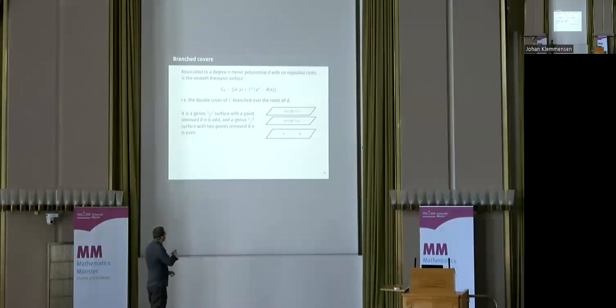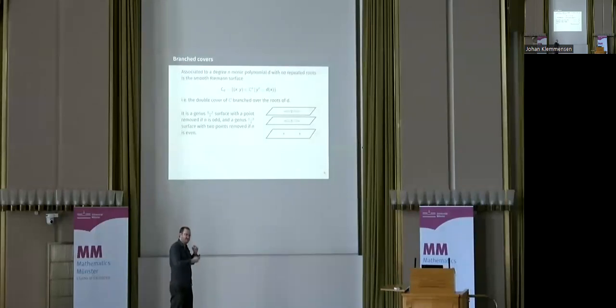If I take, this is just a picture, it's very difficult to draw branch covers, or at least I found it very difficult. If I take the branch cover of the plane branched at 2 points, you can think about it as taking two planes, cutting the arc between them open on the two planes, and then gluing them together in a strange way. So the back arc on the top plane glues to the front arc on the bottom plane, and so on.